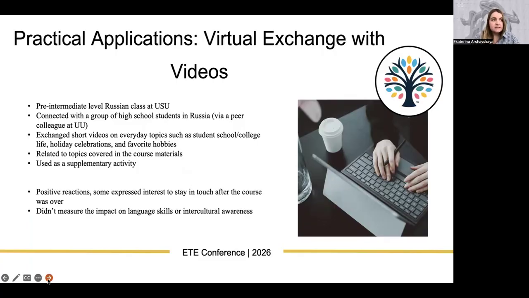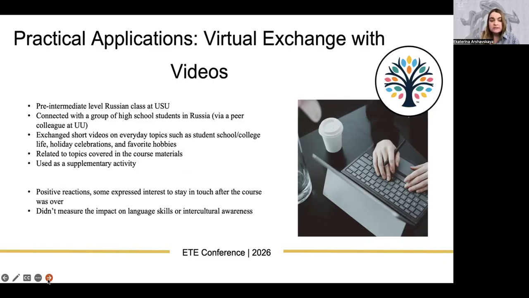So that should be framed as a simple virtual exchange with videos on everyday topics, like student school life in Russia and college life in the US, holiday celebrations there and here, favorite hobbies and pastimes there and here. Those topics were also covered in the course textbook, and this was used as a supplementary activity. I did not measure the impact on student language skills or intercultural awareness, since it was not a study, but more like a classroom activity.